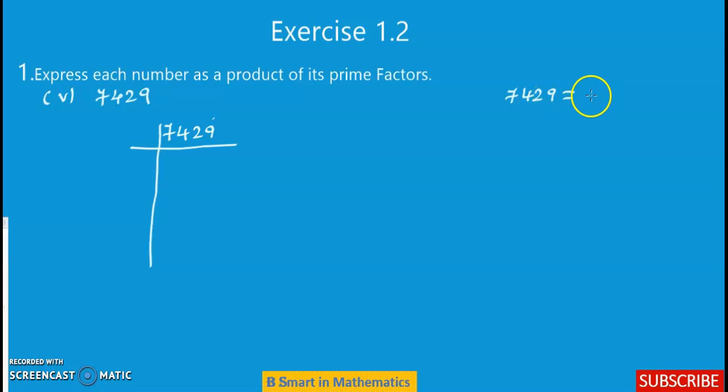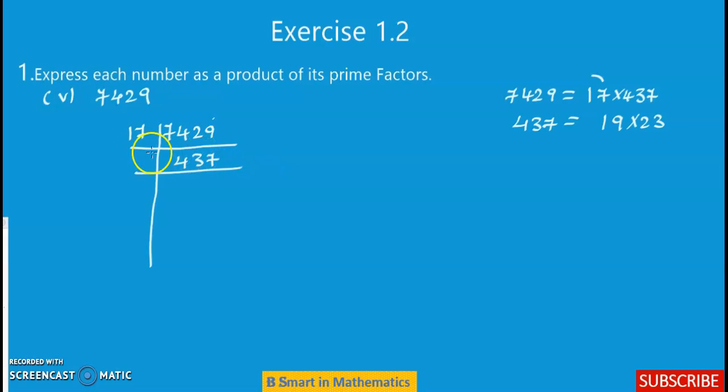7429 can be written as 17 into 437. Write this 17 here. Write the number 437 here. Now again 437 can be written as 19 into 23.